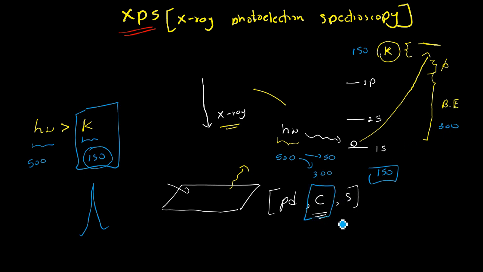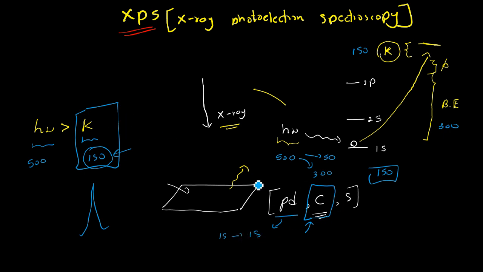The binding energy for a 1s electron on carbon is specific. There are no other electrons that have this amount of energy other than carbon. Let's say lead: the 1s electron on lead has a different binding energy.